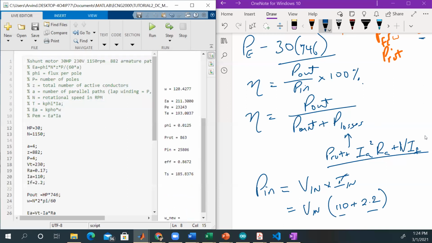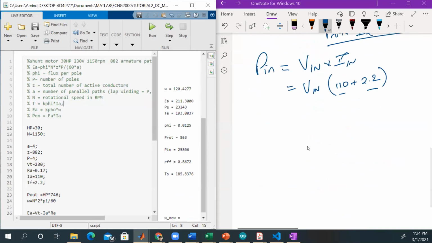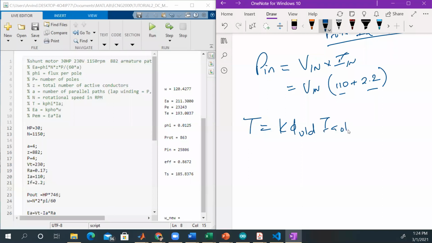Let me write it down on this side here. So T is equal to K phi old, IA old, which is equal to K phi new, IA new, right? So this remains the same.